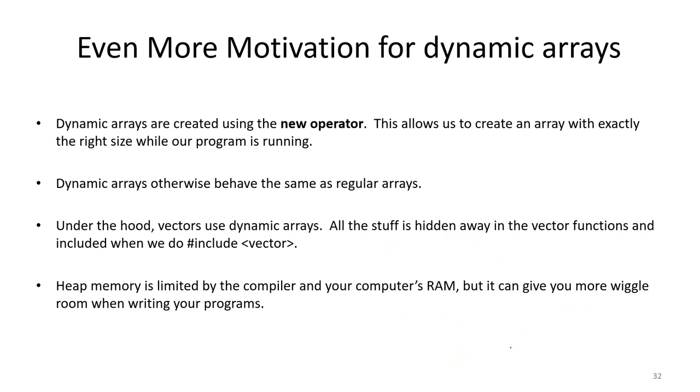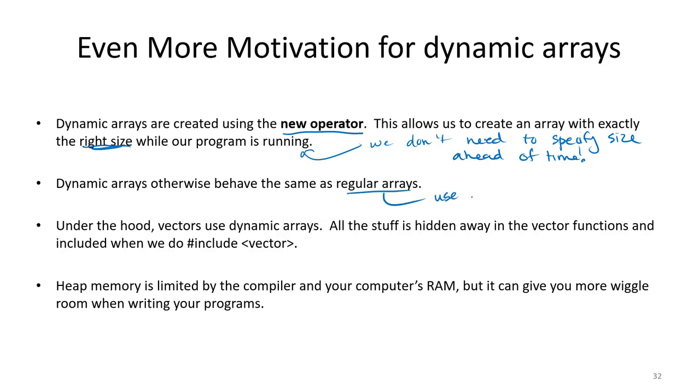So dynamic arrays are arrays that are created using the new operator. And the really nice thing about dynamic arrays is we can specify the exact size we want using a variable while our program is running. We don't have to know ahead of time how big our array must be. And once we've initialized our dynamic arrays, they behave the same as regular arrays.